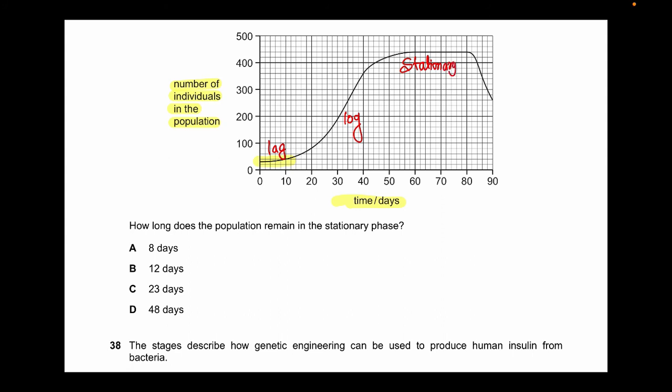And after day 80, we see a death phase. How long does the population remain in the stationary phase? So we can see between 60 to 80 days. So we can say like 20 days. 23 days sounds like a possible correct answer. Option C.